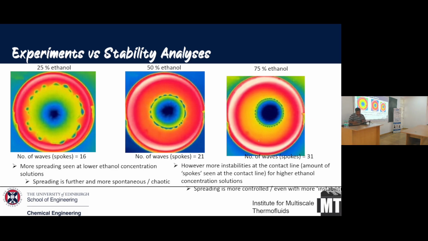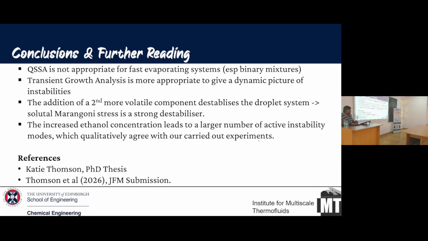What we have done today is look at two types of stability analysis. One is a quasi-steady state stability analysis, which is great for films. We did it yesterday. It is absolutely fine. But when you have a droplet of much smaller mass, it's not appropriate at all. Because it's a fast evaporating system and immediately goes into dry-out, you need a better approach.